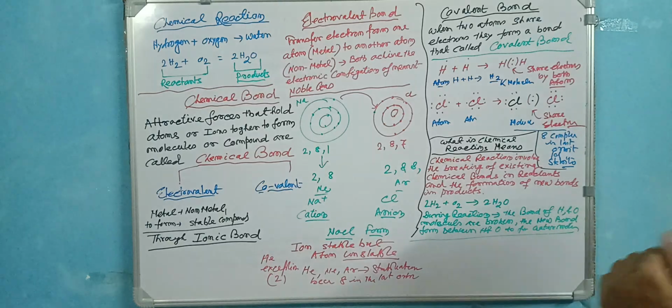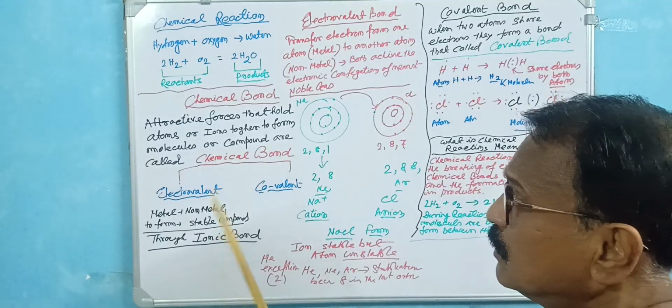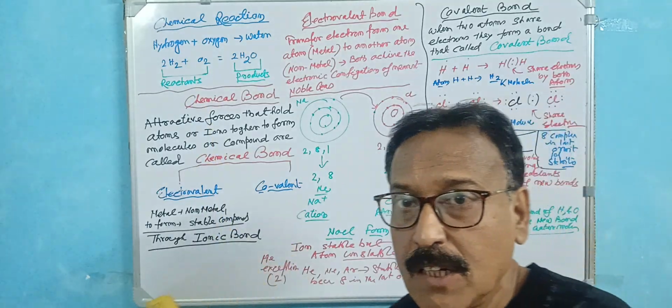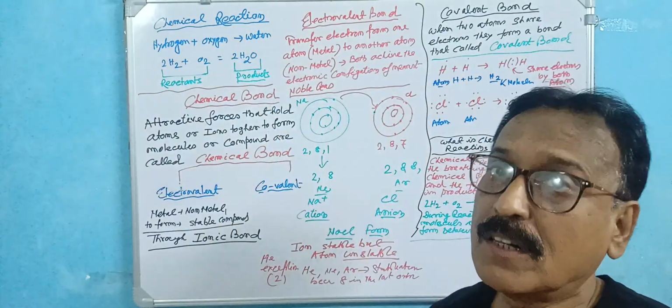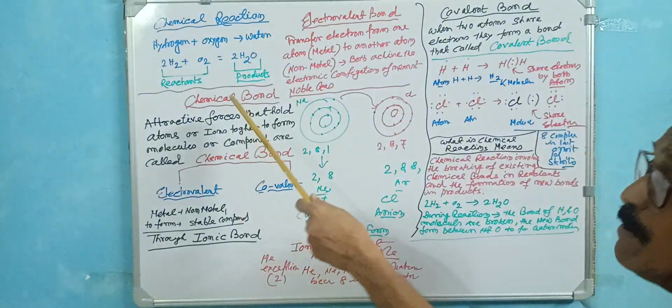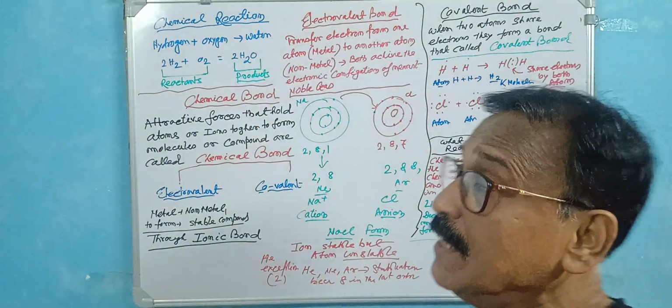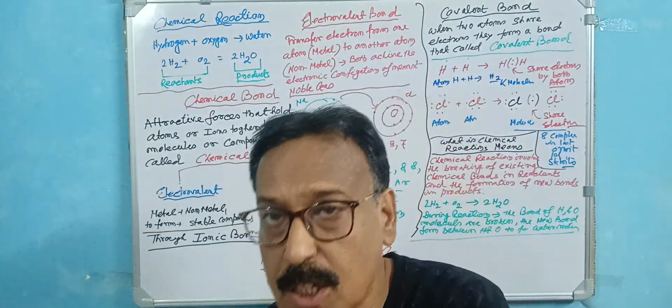Now a new thing is introduced, the chemical bond. That means this and this are attached to form a bond and to form water. In which way will they bond? The chemical bond is the new concept. In chemistry, bond actually means attraction power.